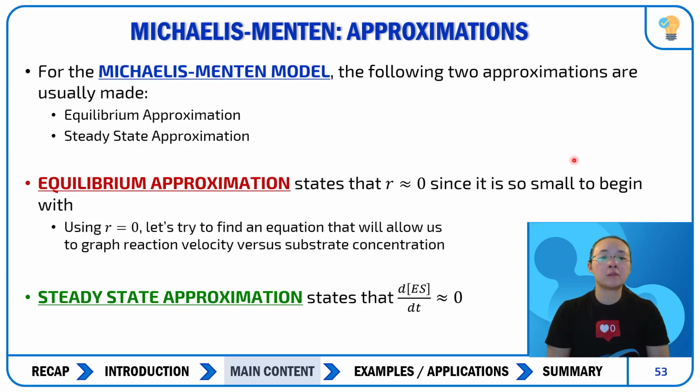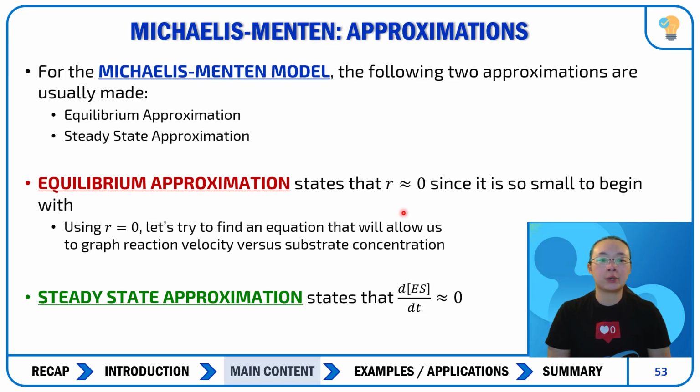For the Michaelis-Menten model, the following two approximations are usually made: the equilibrium approximation and the steady state approximation. The equilibrium approximation states that the forward reaction rate, or the catalytic reaction constant R, is approximately 0 because it's very small to begin with.